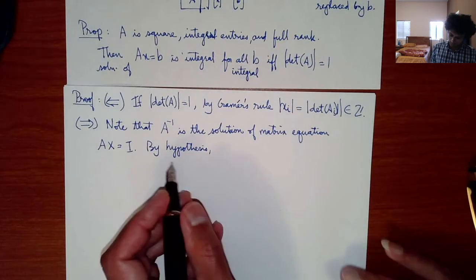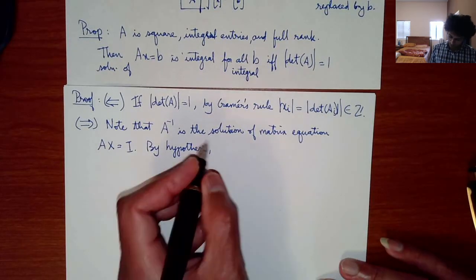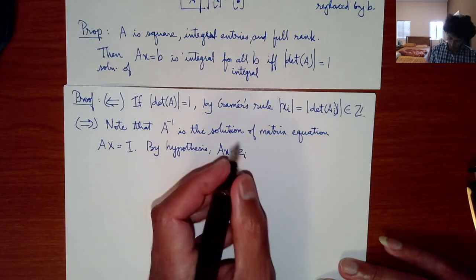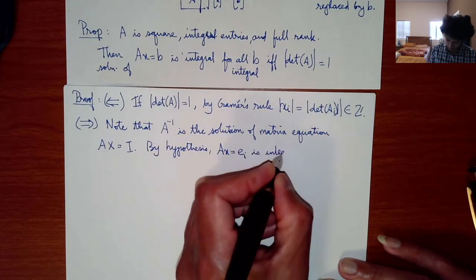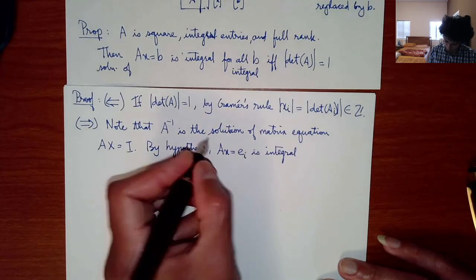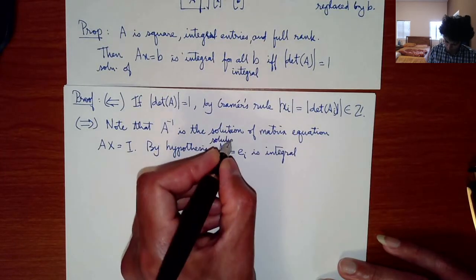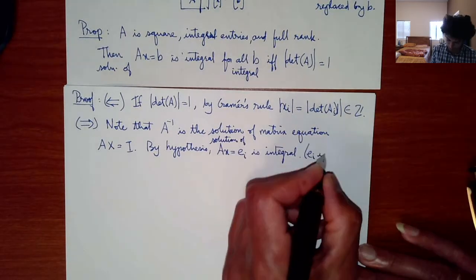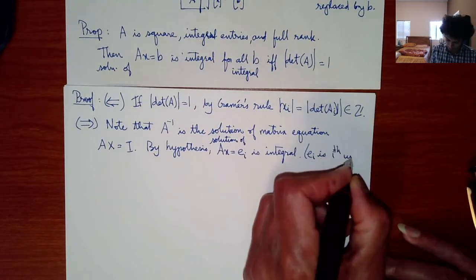So by the hypothesis, the solution of Ax equal to ei is integral, where ei is the ith unit vector.